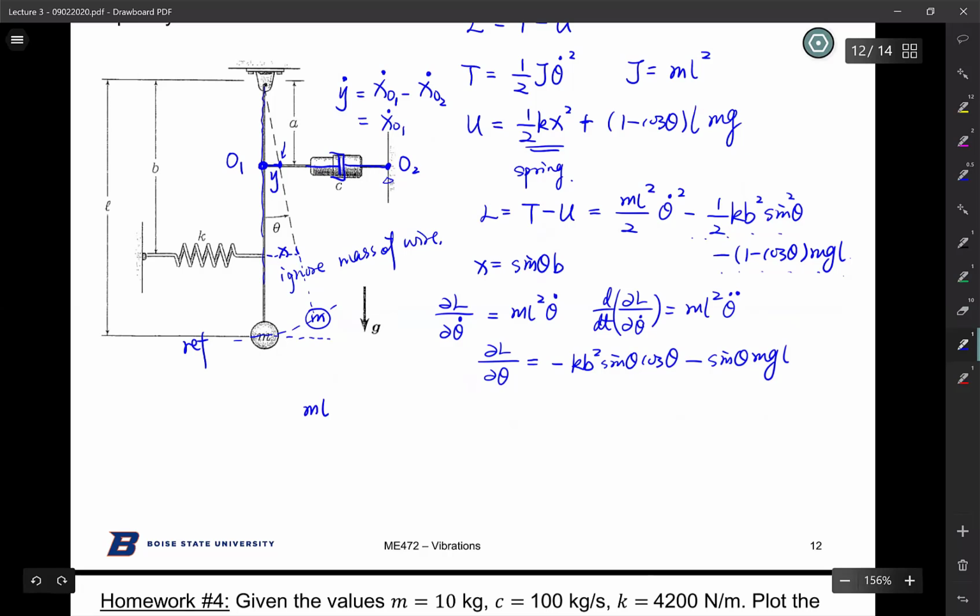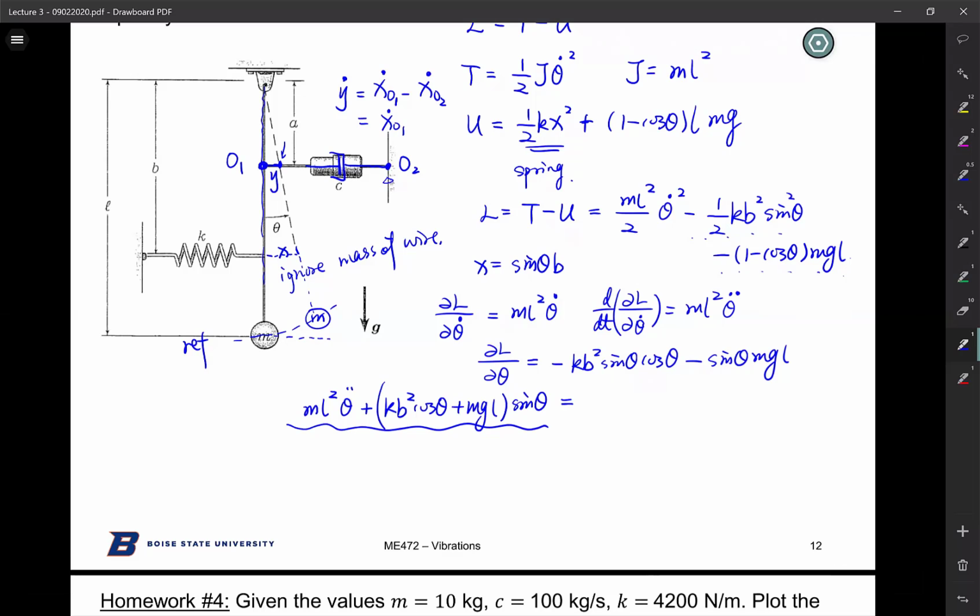That's mL squared theta double dot, and the negatives all become positive: kb squared sine theta cosine theta plus mgL sine theta. And then we already have what's on the left-hand side.